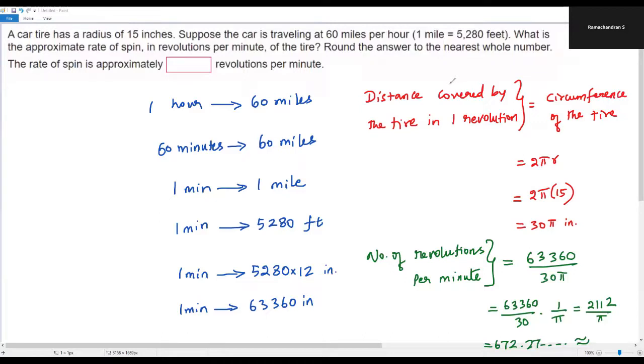Whenever I want to round a decimal number to the nearest whole number, I look at the digit in the tenths place. It's 2. Since it's less than 5, we can simply ignore all the digits to the right of the decimal point and keep the whole number, that is 672. So the number of revolutions per minute the car tire can make is 672. The rate of spin is approximately 672 revolutions per minute.